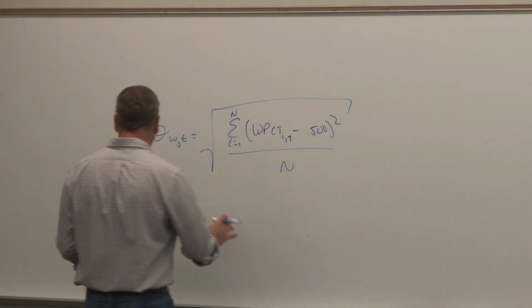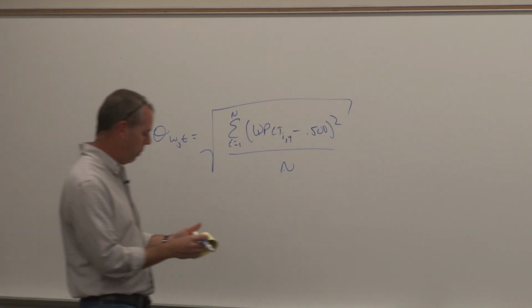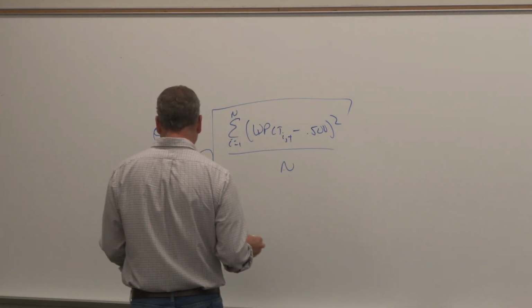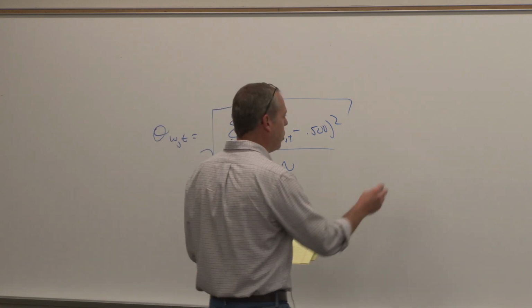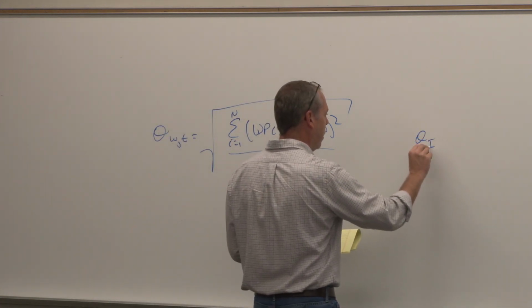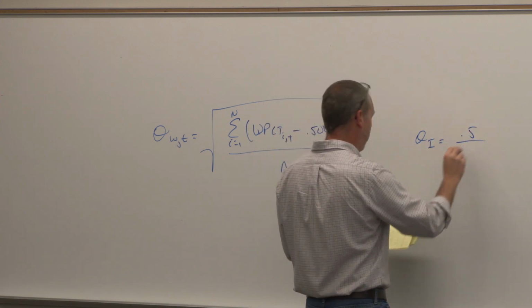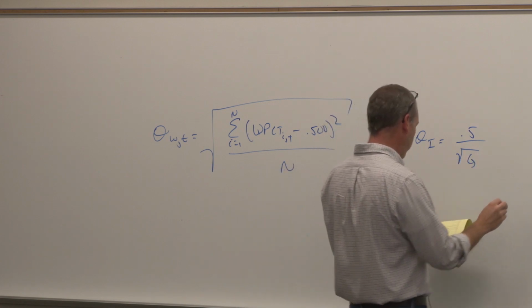So in essence, what we want to do is we kind of want to adjust this guy for the length of season, right? Because we have all the way from 16 games in the NFL all the way up to 162 games in Major League Baseball. So what we want is we kind of want to have a correction for this. So we're going to call this guy, say, theta I is equal to 0.5 over the square root of g here, right?